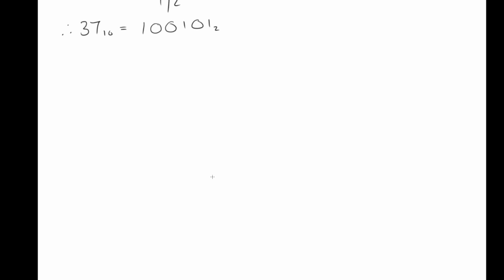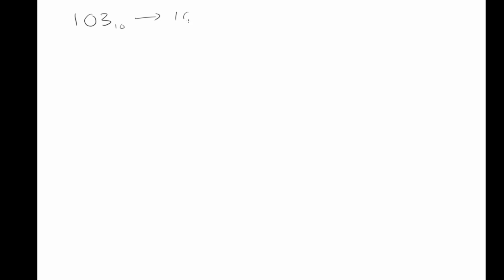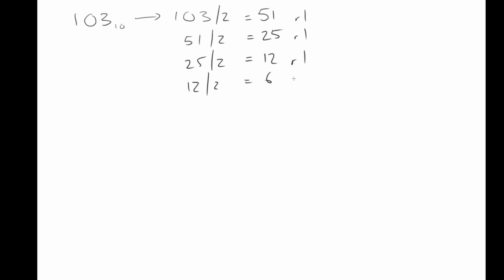Now let's step it up a little bit more with the last one and finish on this note. Let's do 103 base 10, and let's convert it. 103 divided by 2 equals 51, remainder 1. 51 divided by 2 equals 25, remainder 1. 25 divided by 2 equals, excuse me, 12, remainder 1. 12 divided by 2 is 6, remainder 0. 6 divided by 2 is 3, remainder 0. 3 divided by 2 is 1, remainder 1. 1 divided by 2 is our stopping condition because it's 0, remainder 1, which you should always end up with.